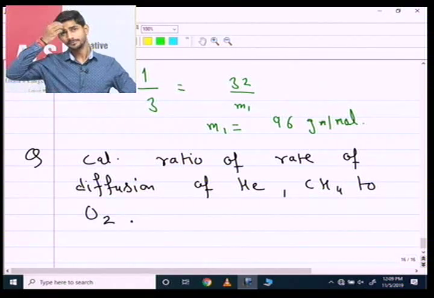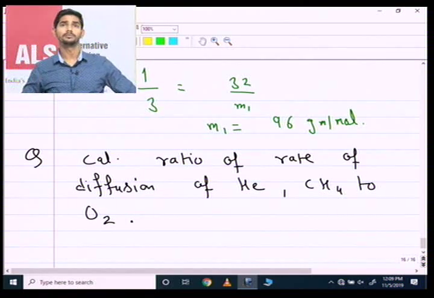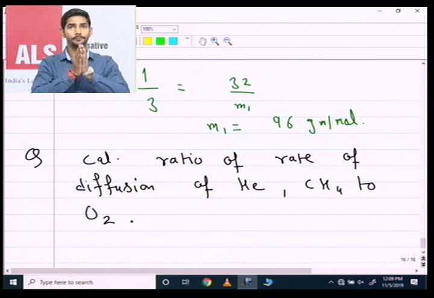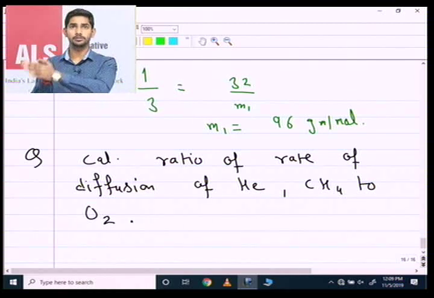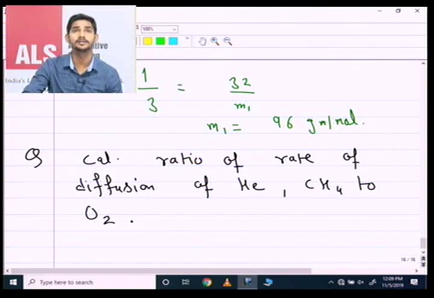Two is to one. Dear, there are three gases. So you have calculated only for two. You have to calculate the ratio of rate of reactions for helium is to CH4 is to O2, like I have discussed with pressure fraction.